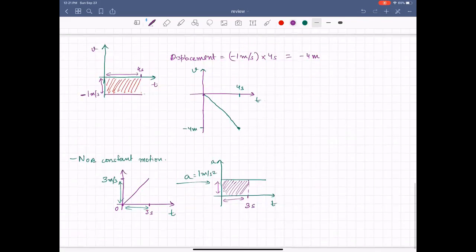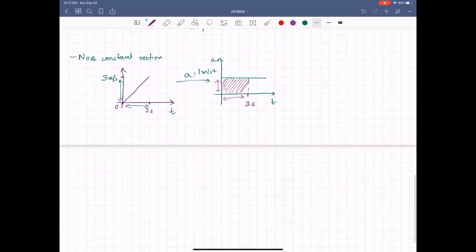For non-constant motion, we also want to link velocity with position. So if I want to go to a position time graph from here, again, it's the same area under the graph. Maybe after 3 seconds, I want to calculate what the change in position is. Then this is nothing but the area under this graph.